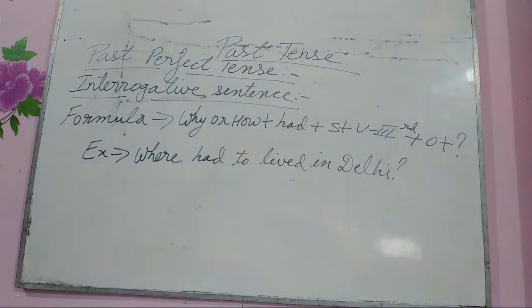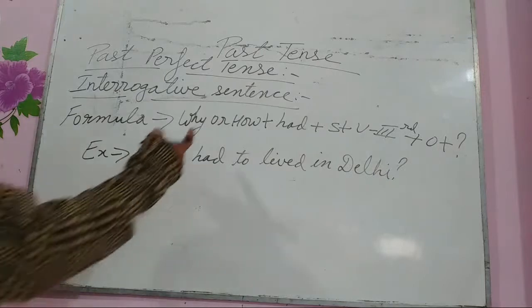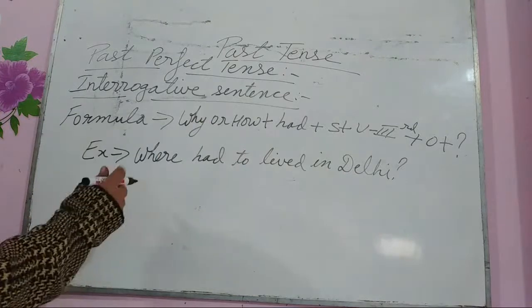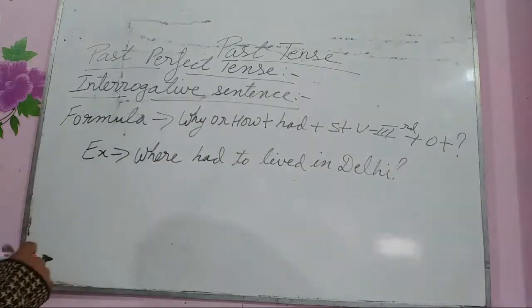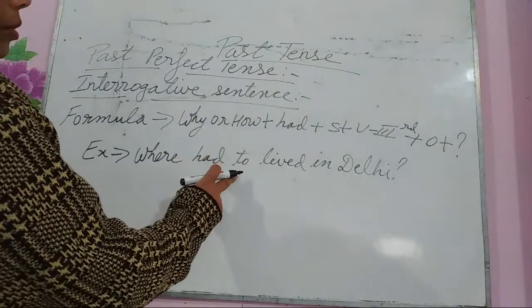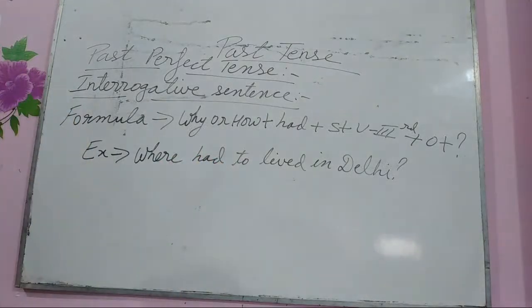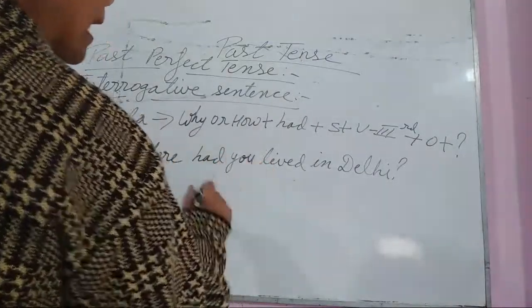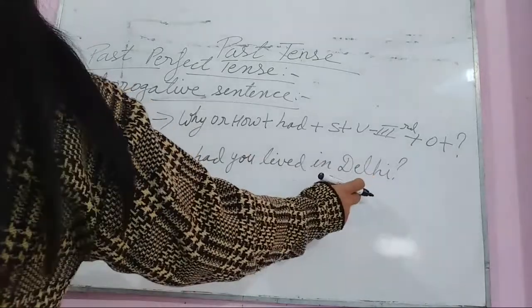The sentence is where had you lived in Delhi? As it is an interrogative sentence, the sentence will begin with why, how, when, where. So where had you, where had you lived in Delhi?